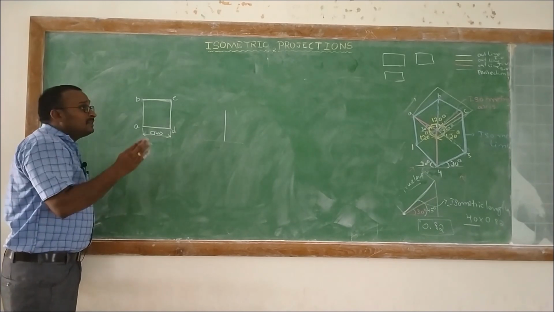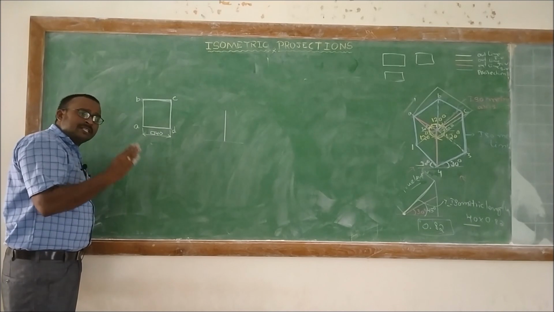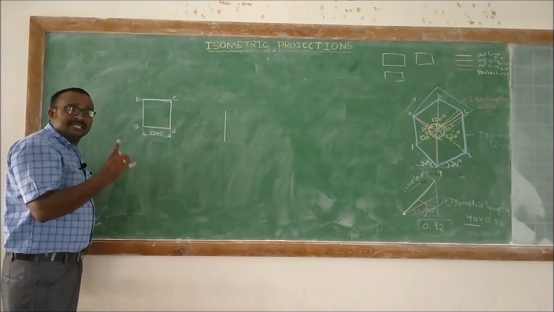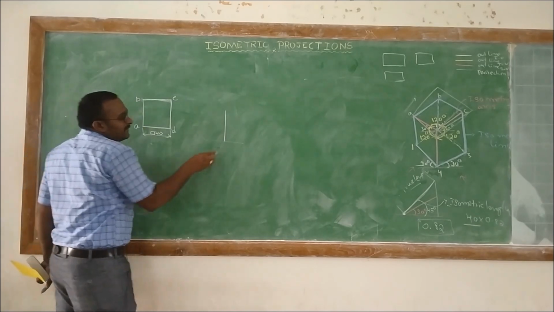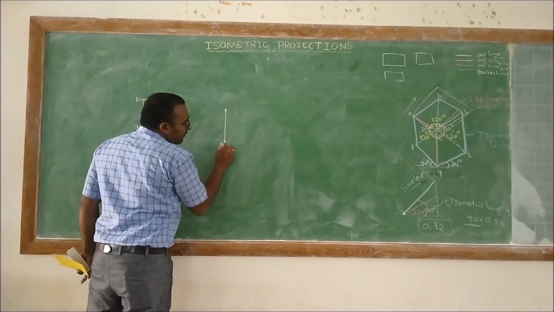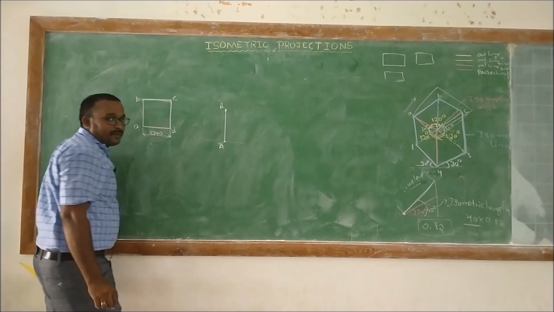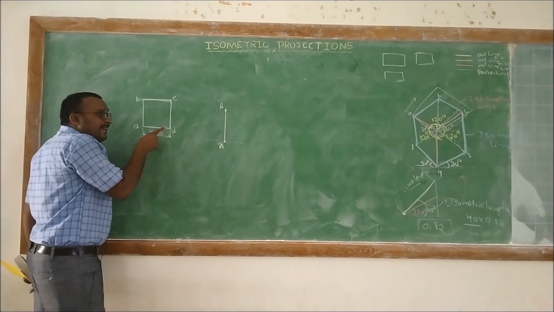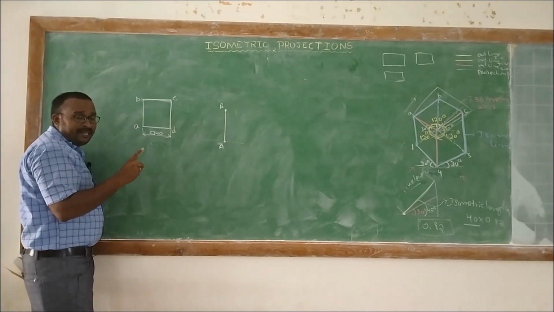What are they? The vertical lines remain vertical, and the horizontal lines should be inclined at an angle of 30 degrees to the ground. Here you can see the vertical line AB is vertical, right?